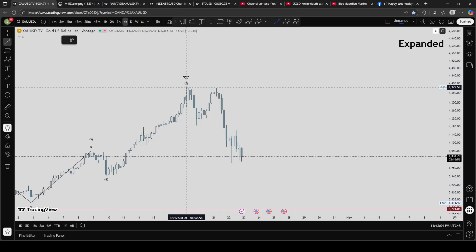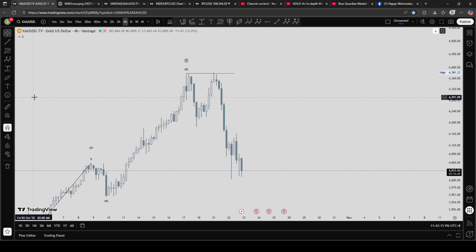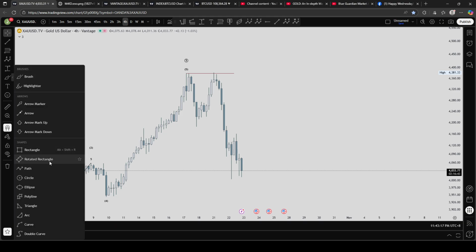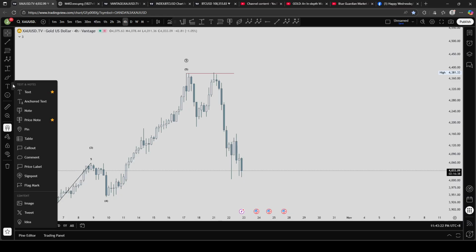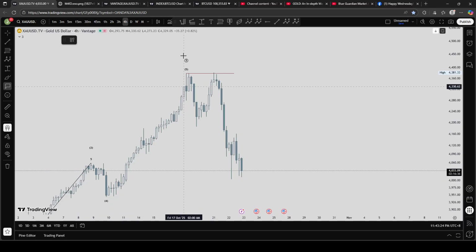So let me use this one. Then, to double check, let me use the price label. Yes, the price label.